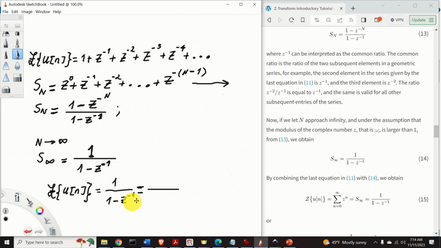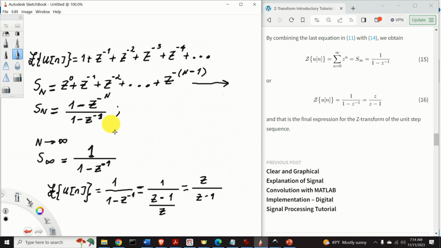This is nothing less than z minus 1 divided by z, and over here we have 1. And consequently, this is equal to z over z minus 1. And this solves our problem. To conclude, the z transform of the unit step sequence is equal to z over z minus 1.